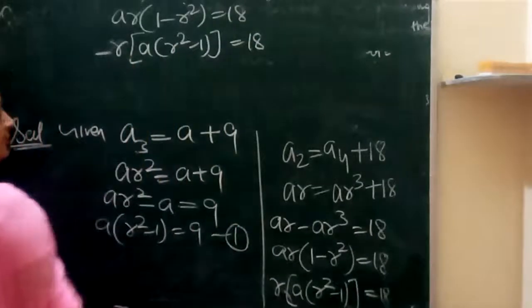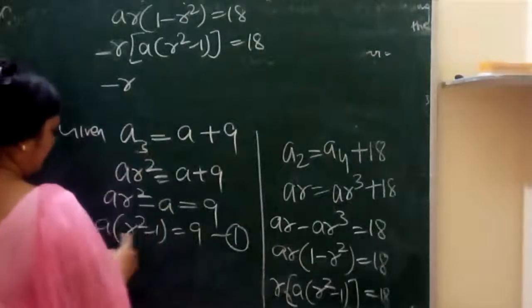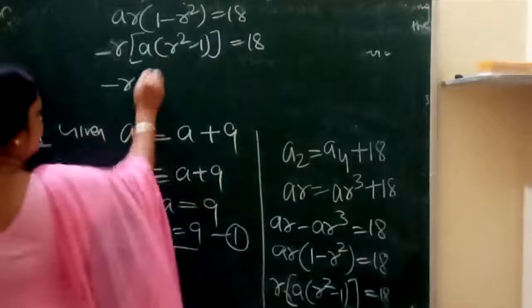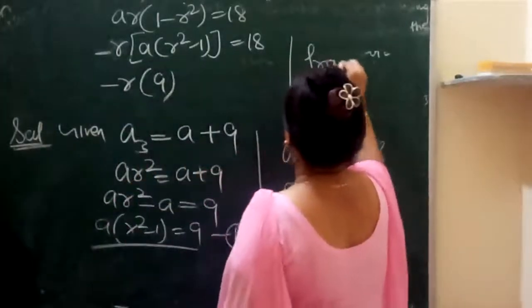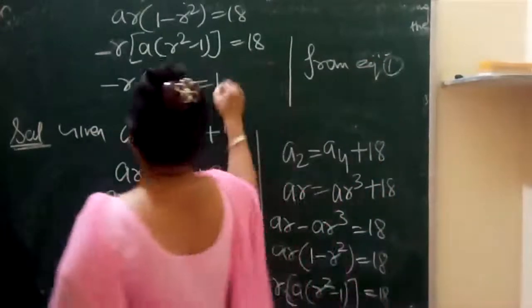So minus will come outside, so minus R. From equation 1, the value of this term is 9. We put the value here, equal to 18.